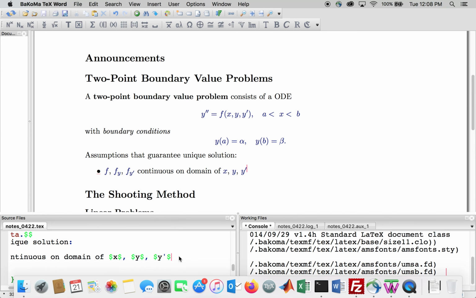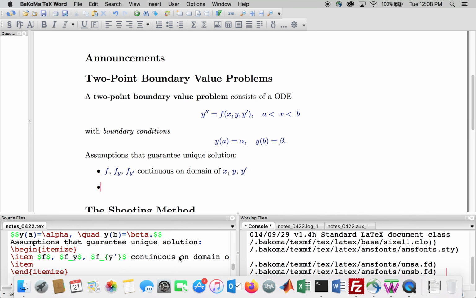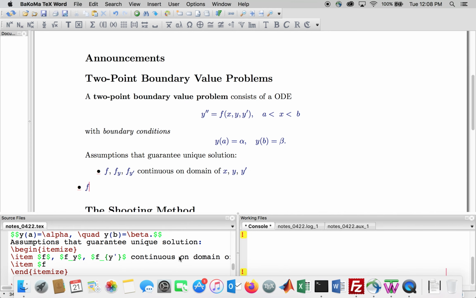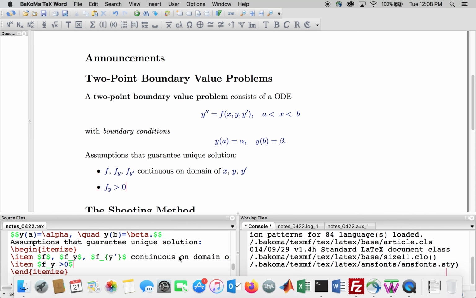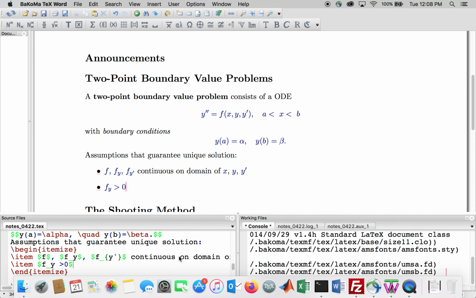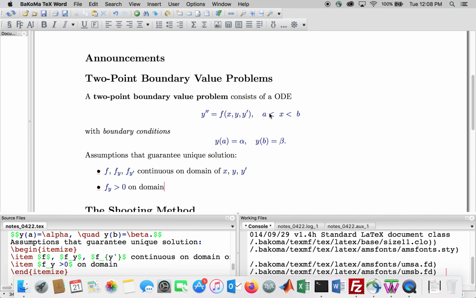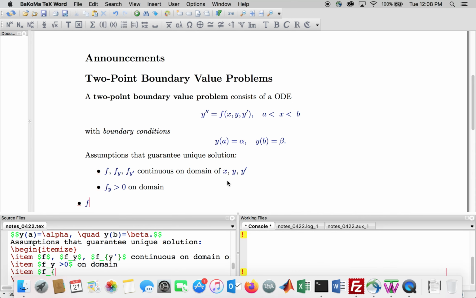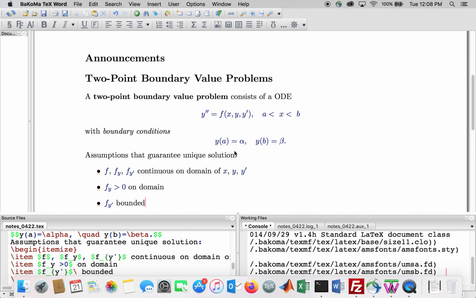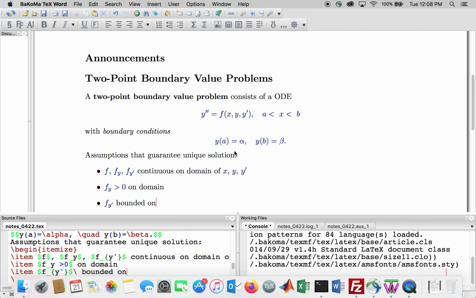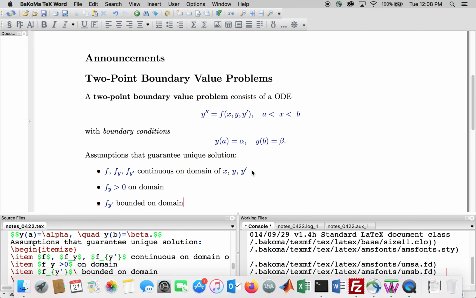And a particularly important condition, this one will be relevant for one of the homework problems: df/dy must be positive on the domain of the problem. Again, x between a and b, and then y and y prime can be anything. And finally, df/dy prime must be bounded. So it's not allowed to shoot off to infinity.